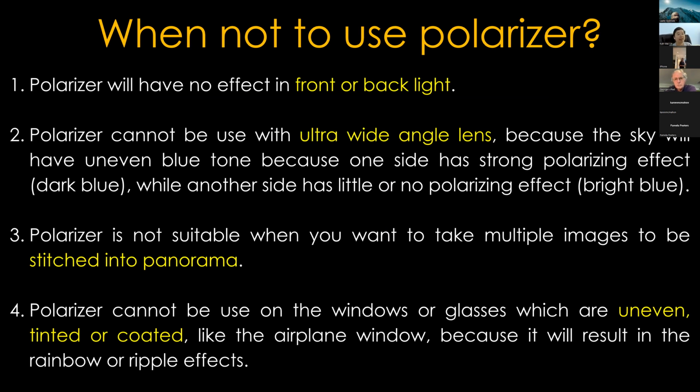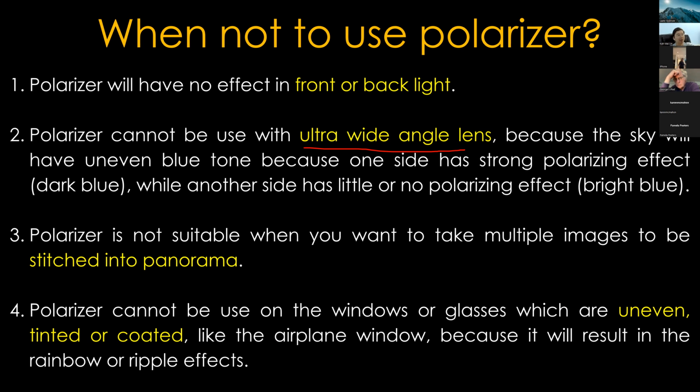There are some cases where we cannot use the polarizer. For example, the polarizer will have no effect in front light or back light. So when you're shooting facing the sun, or when the sun is behind you, the polarizer will have no effect at all. Also, the polarizer cannot be used on an ultra wide angle lens because the sky will have an uneven blue tone. One side of the sky can have a stronger polarizing effect, while another side will have little or no polarizing effect.